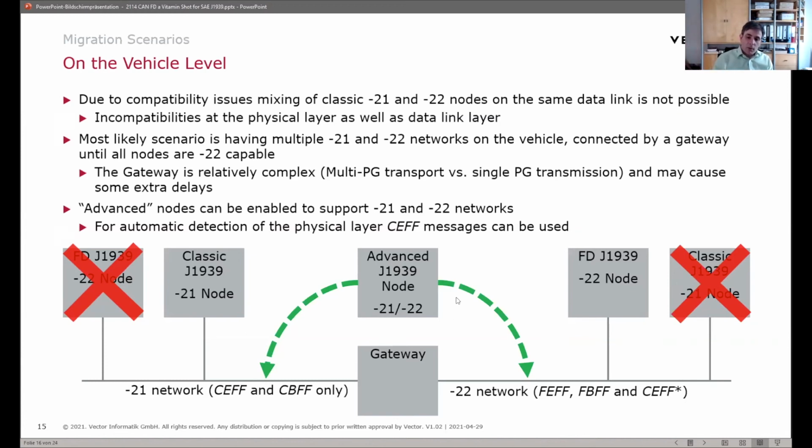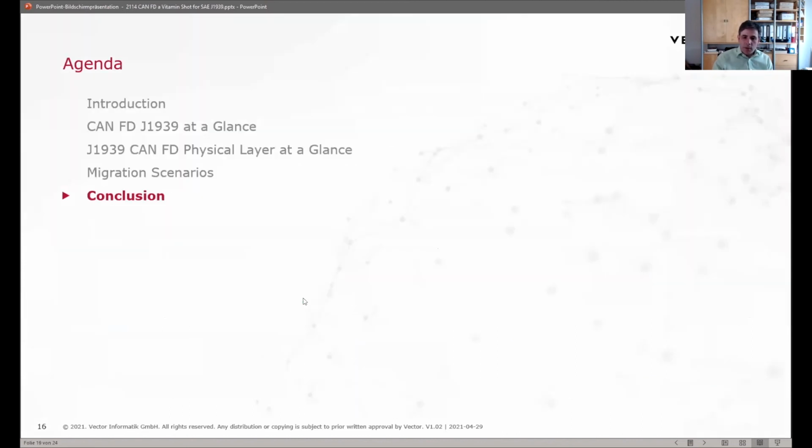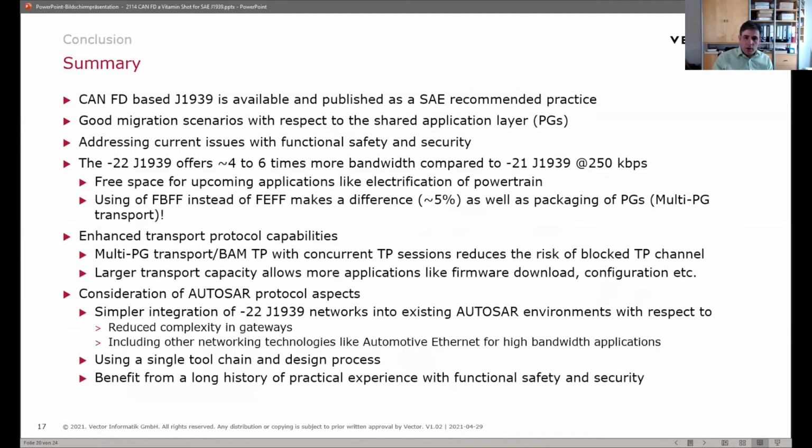And so therefore, you should be able to create such advanced nodes with some changes in the lower communication layers. And then you can create nodes in a way that they can live on both networks. You don't need to maintain different approaches and completely different hardware for both worlds. Okay, that's all I wanted to share here today.